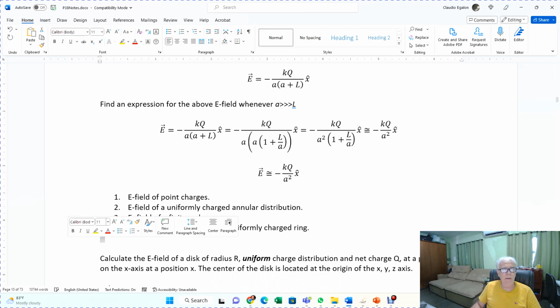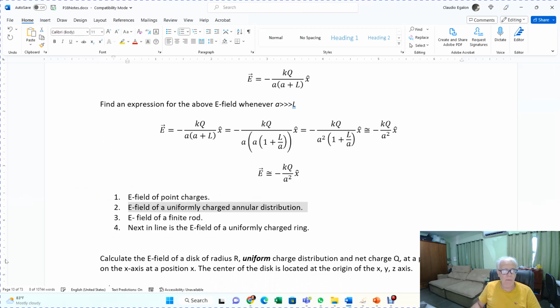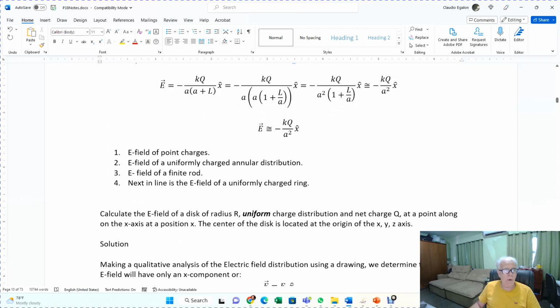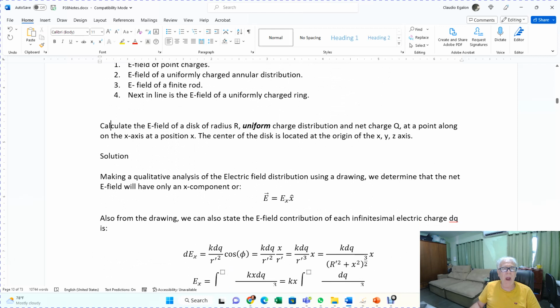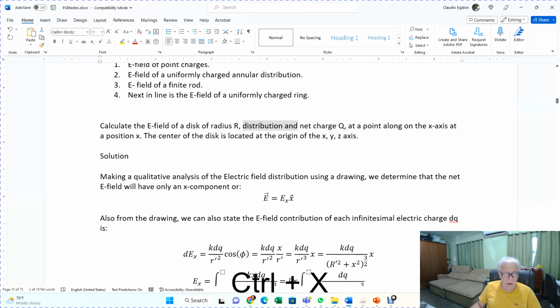In order to do that, we are going to use this result here of the ring. Calculate the field of a uniformly charged disk of radius r.